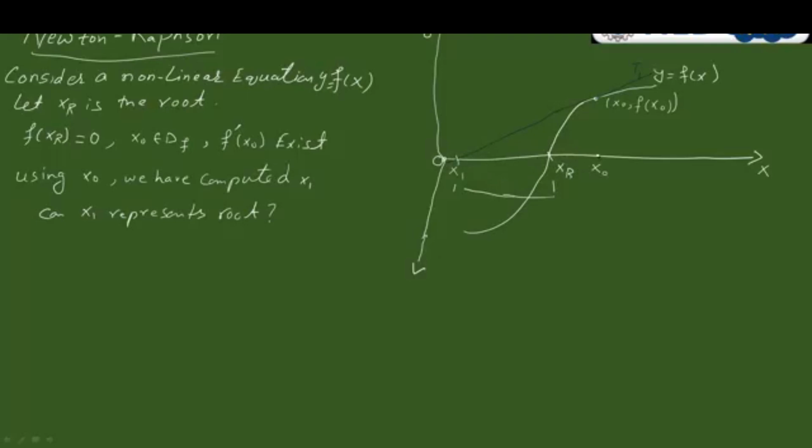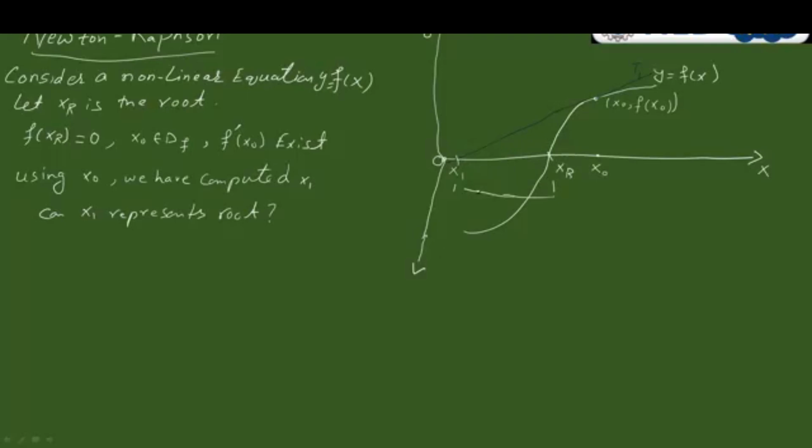If I select x naught, not here, but in fact very close to the root by luck, and draw a tangent, the tangent will pass very close to the root by luck. So although in the given diagram it does not appear to be the root, the logic of this idea can lead to the root as well.